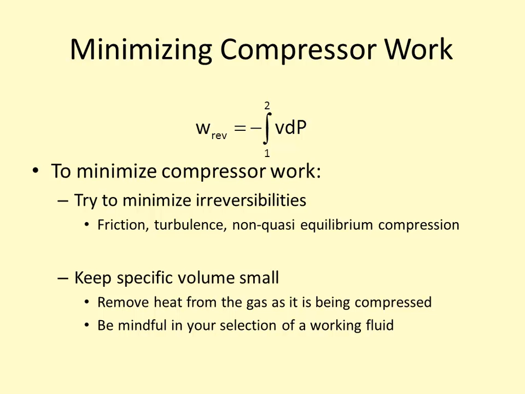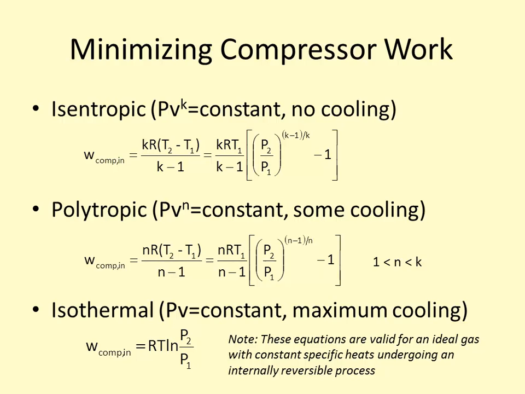Okay, we've seen that before. And we plug that into the integral. Depending on what the constant is, we come up with different equations in the end. If PV to the k is equal to constant, where k is the C sub P over C sub V, it's calculated in the back of your textbook.